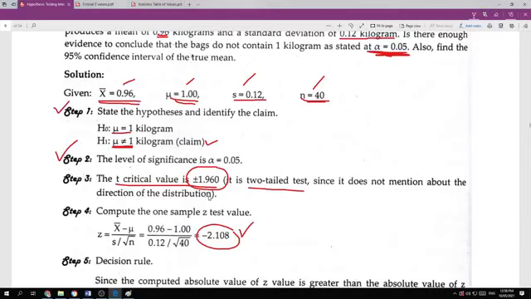What is now your conclusion? Is the z value greater than the critical value?